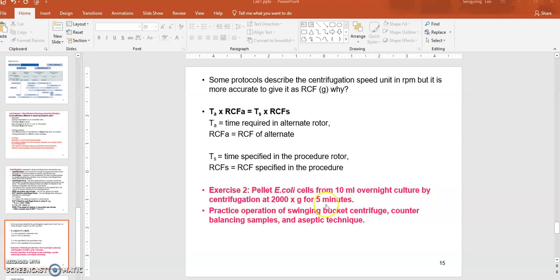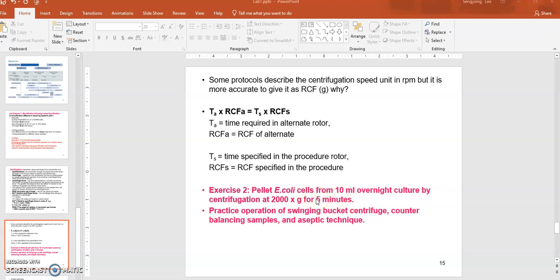This is your centrifugation condition: you need to centrifuge at an RCF of 2000 g for 5 minutes. You will use about 10 milliliters of the overnight culture. So you will have to check your centrifuge to create that RCF, and then the 5-minute time duration.